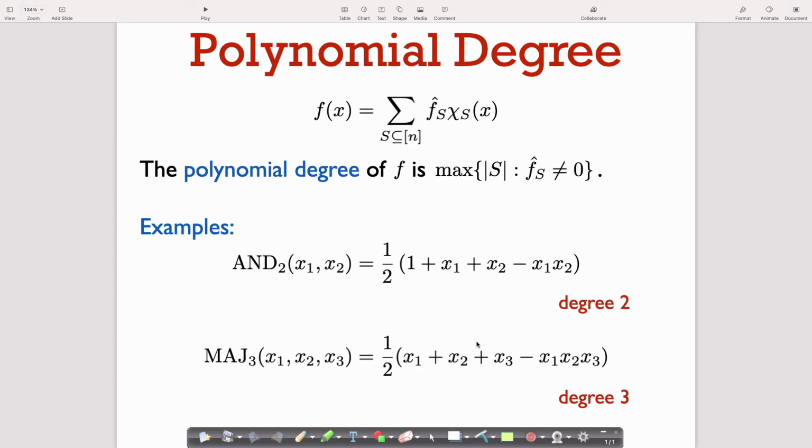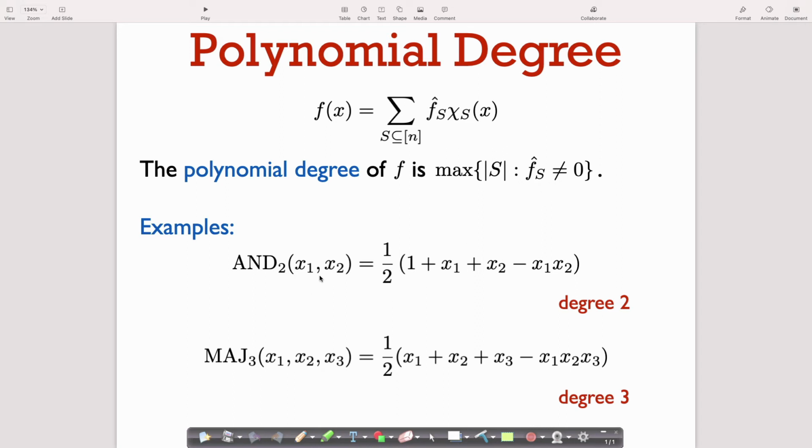Okay, so now that we have the Fourier coefficients of f, we can define its polynomial degree. And the polynomial degree of f is just the maximum size of a subset S such that the Fourier coefficient of f corresponding to S is non-zero.